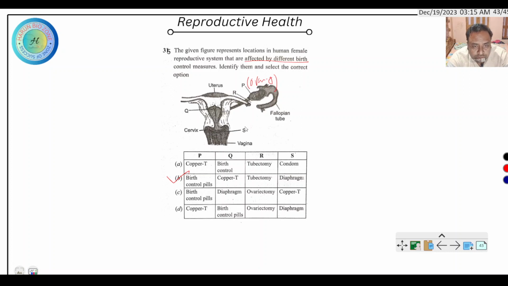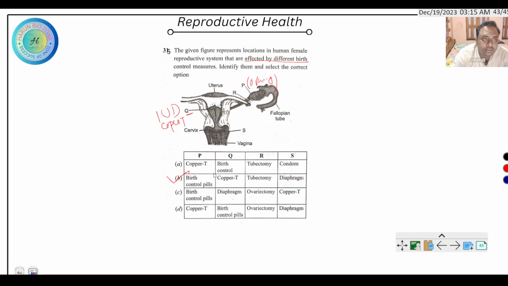And Q is the copper T, or IUD, intrauterine device, where ovulation is prevented. R is tubectomy. S is the diaphragm, this is the vagina. So here the right answer is B.